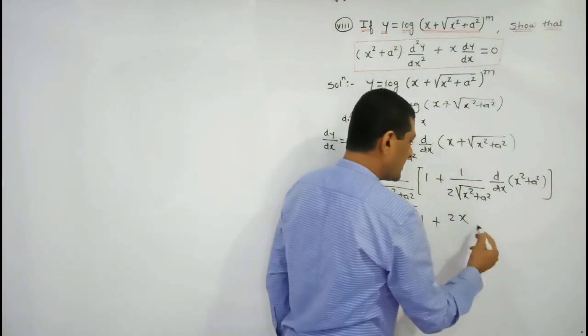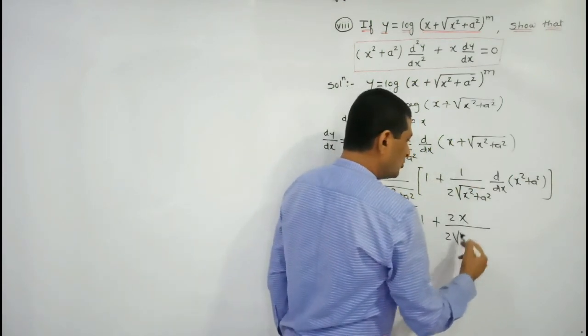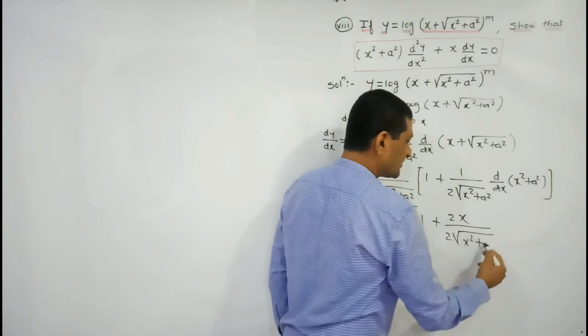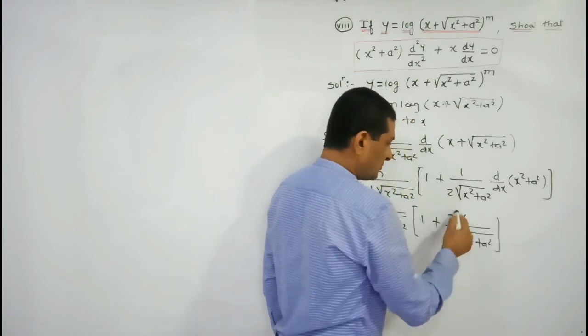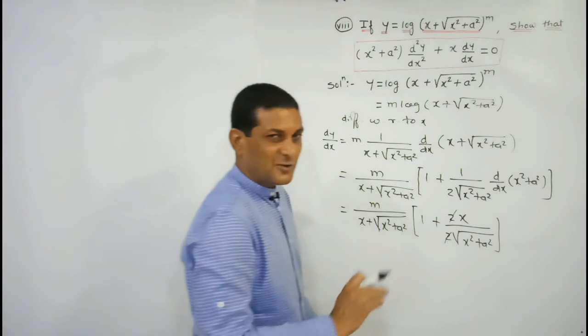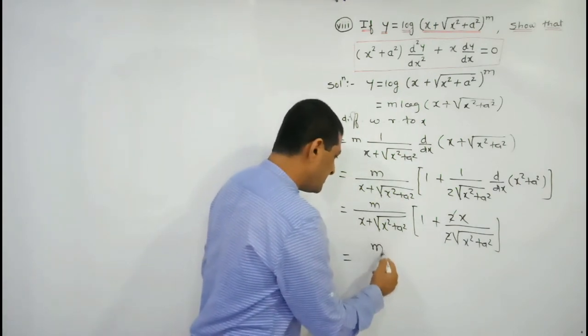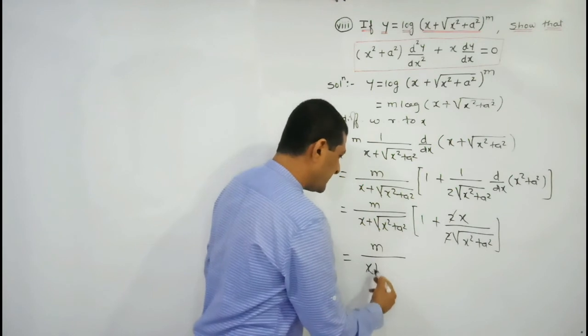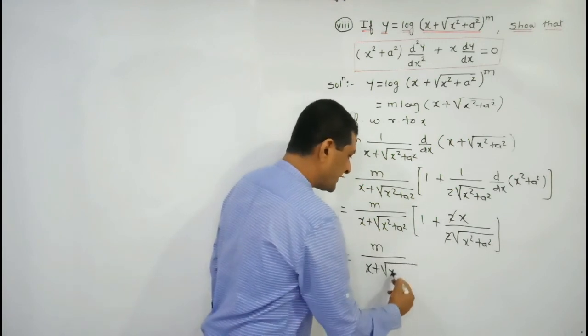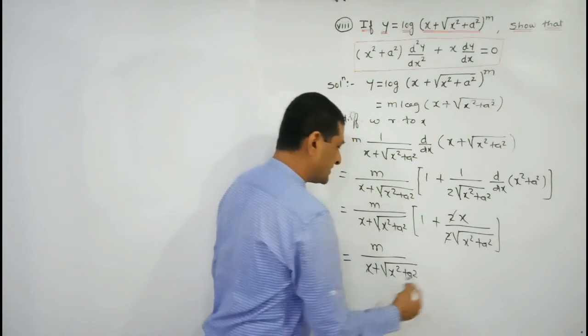So here we will get 2x divided by 2 under root x square plus a square, isn't it? And here we can observe that 2 and 2 from numerator and denominator will get cancelled. So which is equal to, so here m upon x plus under root x square plus a square, keep it as it is, isn't it?